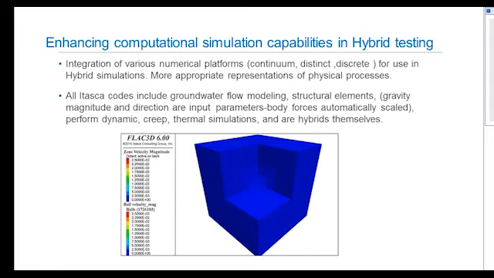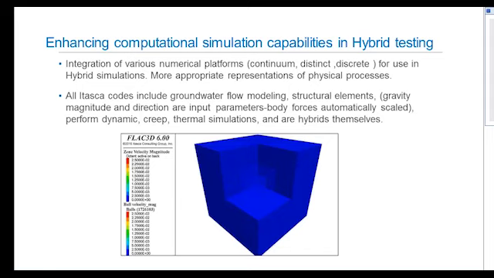Again, all of our codes include groundwater flow, structural elements, not only linear elements. By that I mean beams, cables, or piles, but also plates and shells as well. And again, shells and plates and everything that interact with the medium in which they're embedded.